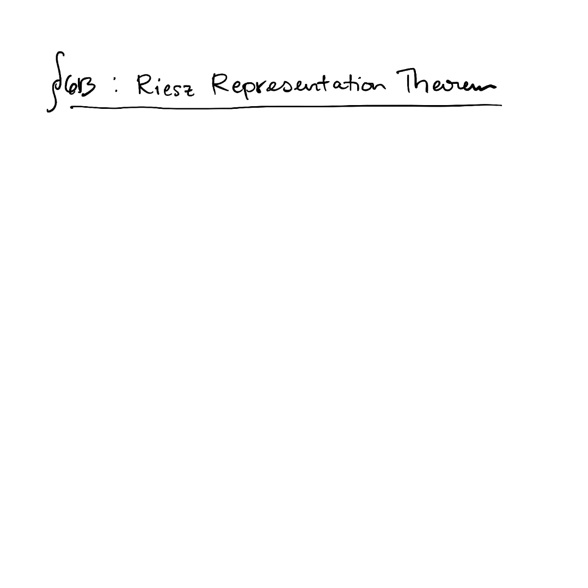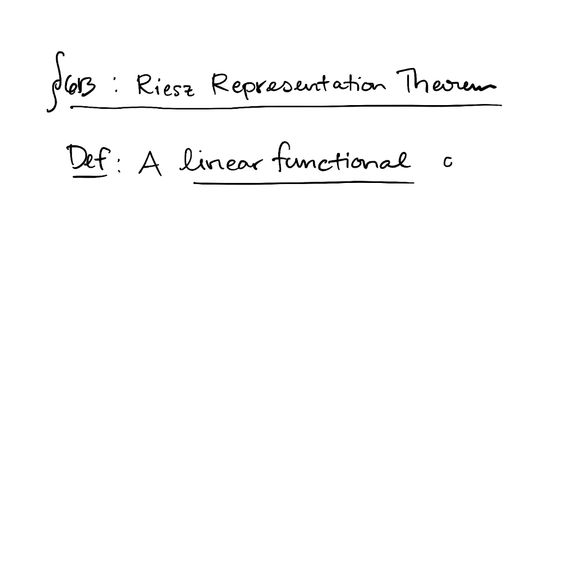So let's get our bearings straight here. We need some words first. So here's a vocab word: a linear functional. That's the term we're defining. A linear functional on a vector space V is simply a map.